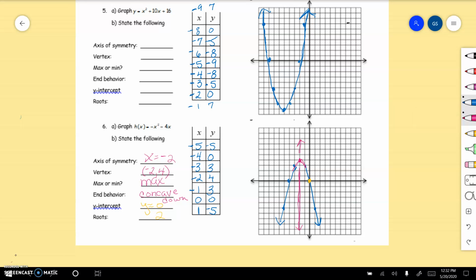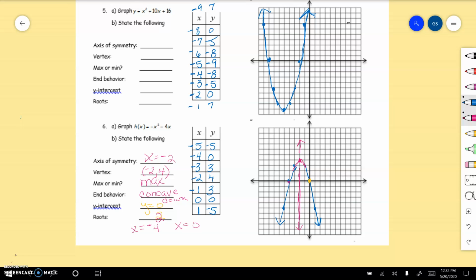There's two roots, x equals and x equals. So what does that even mean? Well, it means this parabola goes through the x-axis at x equals -4 and x equals 0. Therefore, there are two roots, and those are the two roots. The roots are just the x-intercepts.